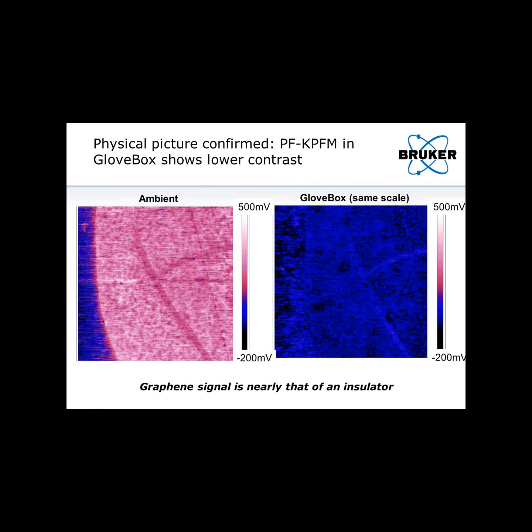However, it does make intuitive sense that if graphene is responding like an insulator, as we know this material is an insulator, and graphene is responding in a very similar fashion, then it's a pretty solid argument that we've reduced its work function. We can actually quantify that, and the numbers that I get are that the graphene's work function was reduced to very close to 4.6, which is very close to intrinsic graphene.